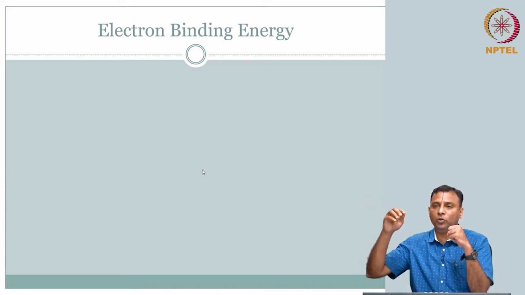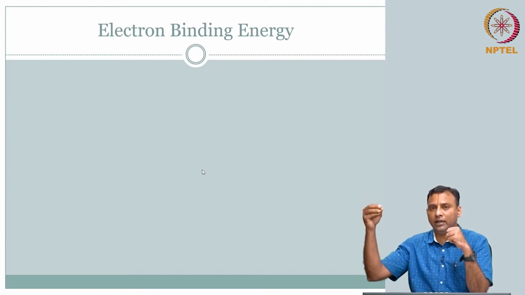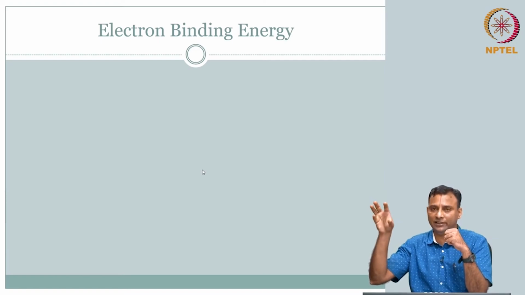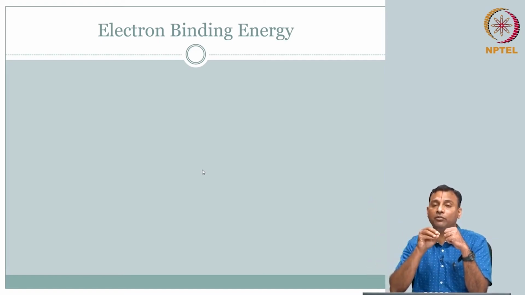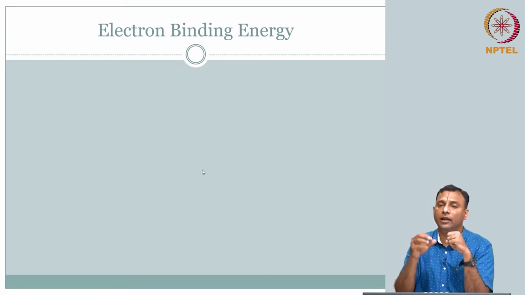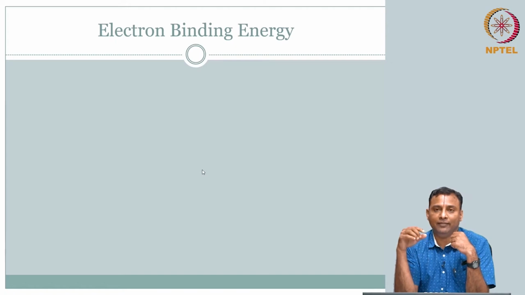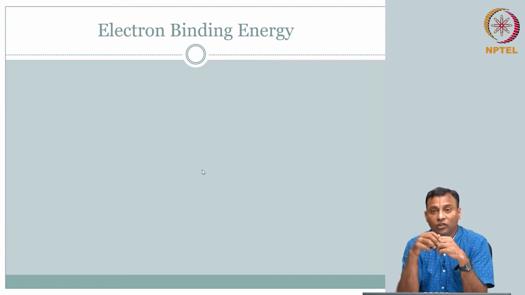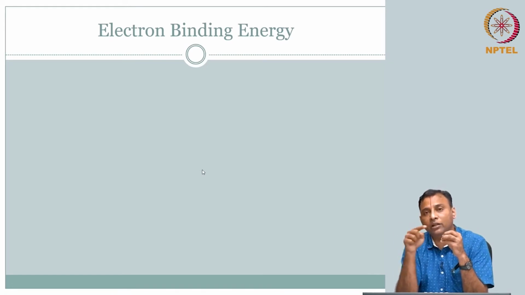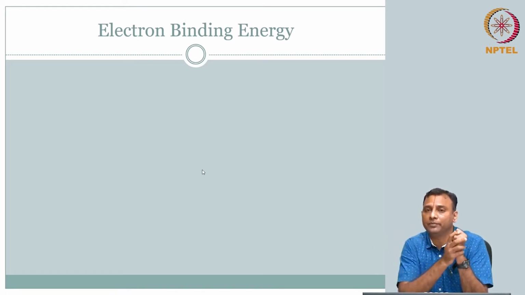So to remove an electron from the outer shells, I may need to supply less energy. If I have to remove something from the shell closest to the nucleus, I have to spend more energy to pull it out. So for a given atom, that energy depends on which electron you are talking about.